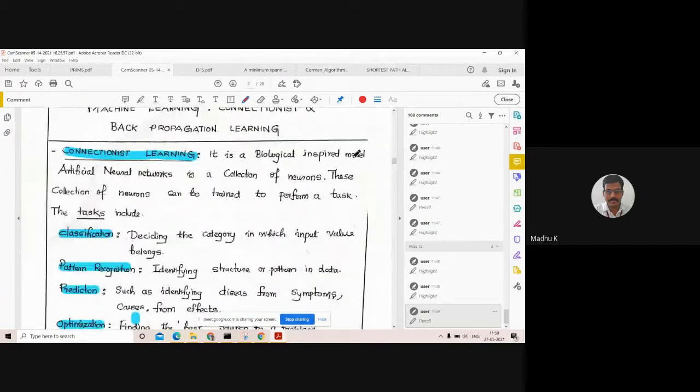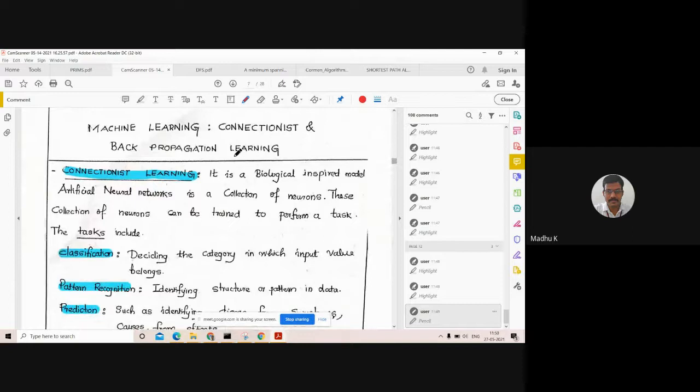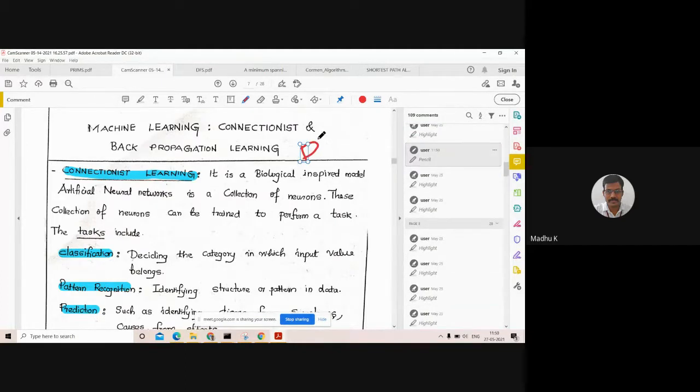This is another type of application. BPN: basically, you have heard about deep learning, DL. DL is a sub-branch of machine learning, and in DL, neural network based algorithms are used for solving various classification and regression tasks.